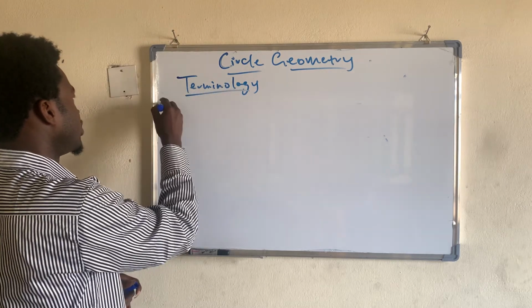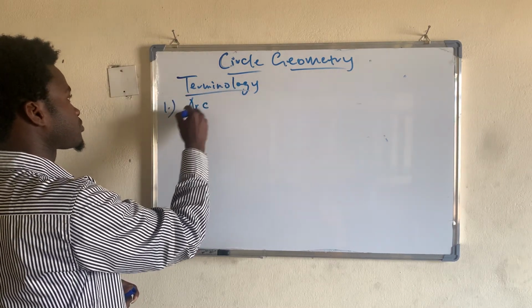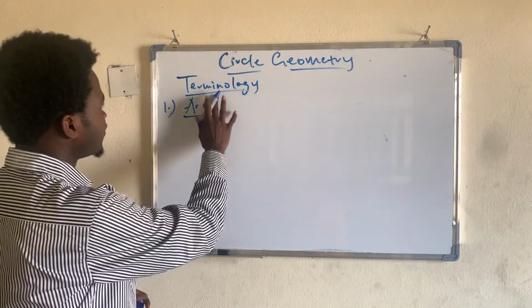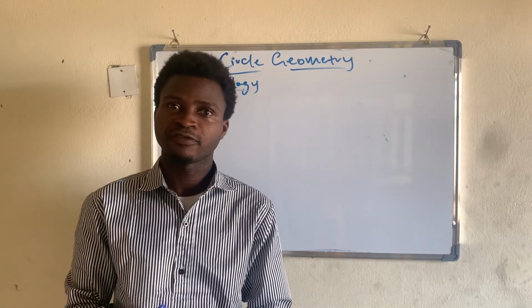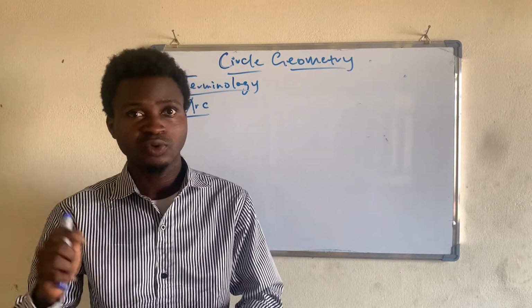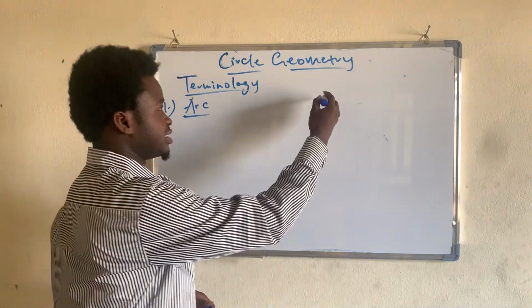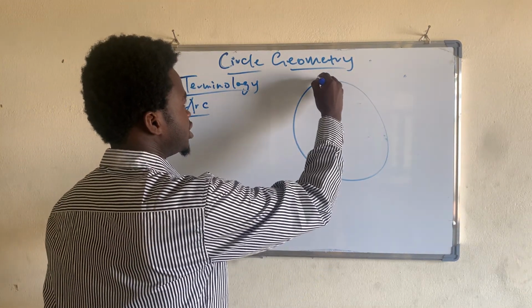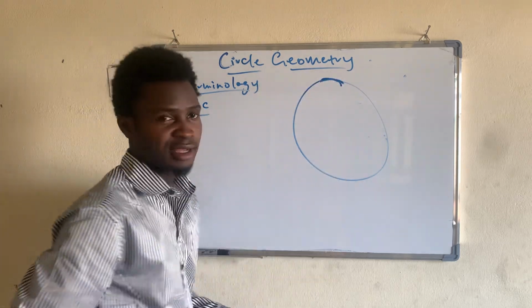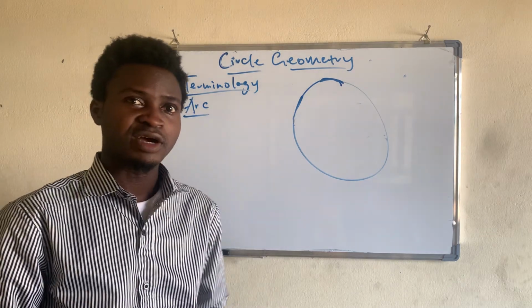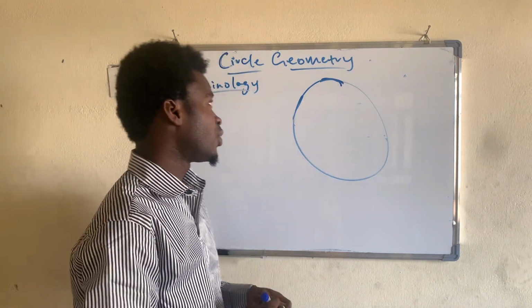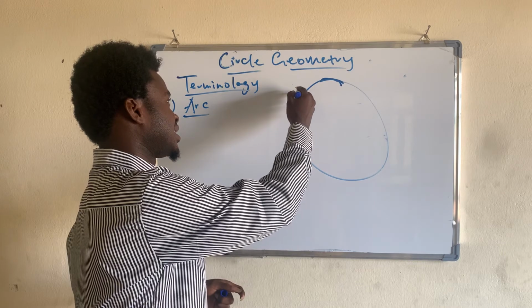Number one is arc. The arc of a circle is any portion of the circumference. So any portion of the circumference of a circle is an arc. I can easily draw a circle. This portion here is an arc. This portion here is an arc. So an arc is any portion of the circumference of a circle, while the arc length is the distance.